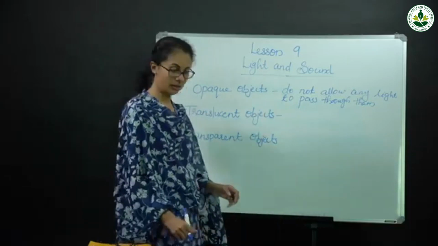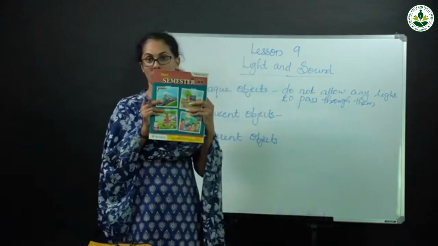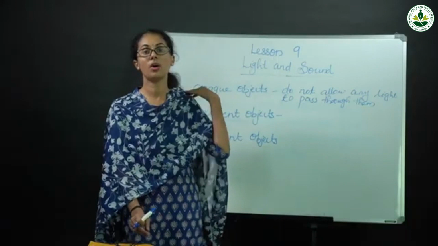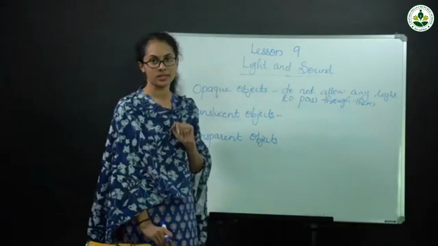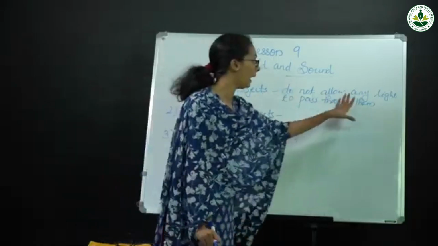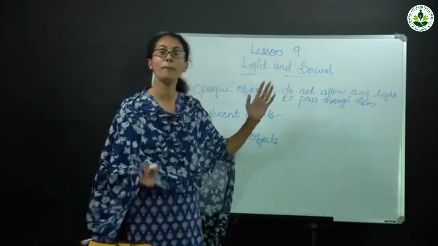For example, this textbook and wooden tables are some examples of opaque objects.